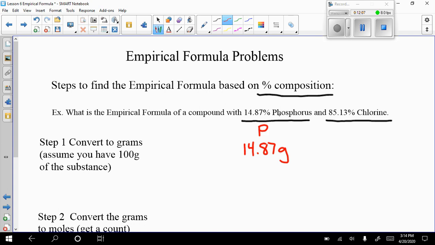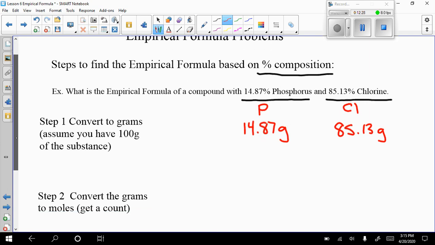Obviously, if it's 14.87% phosphorus, then my 100 grams would be made up of 14.87 grams of phosphorus and 85.13 grams of chlorine. So really all I'm doing is turning my percent into grams. So that's step number one.